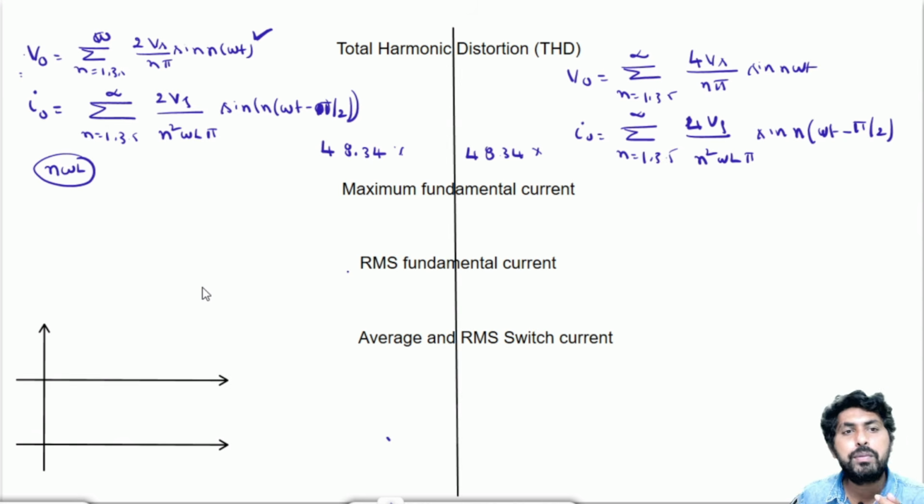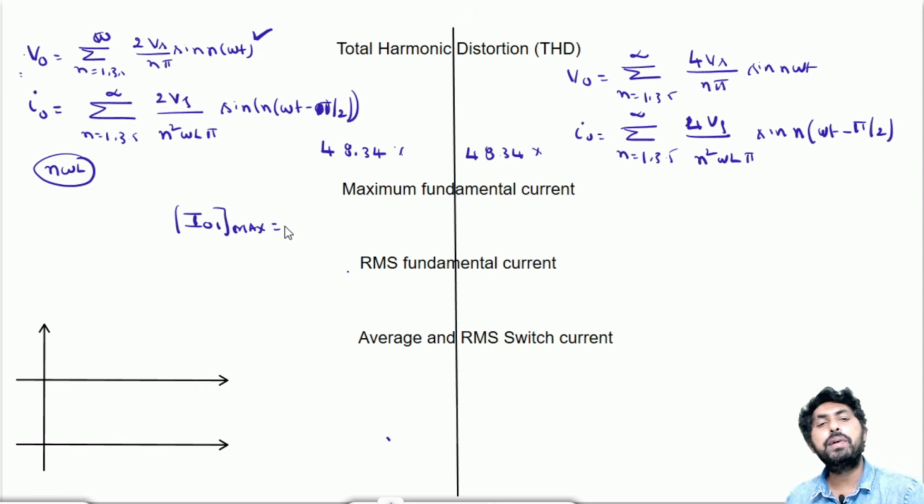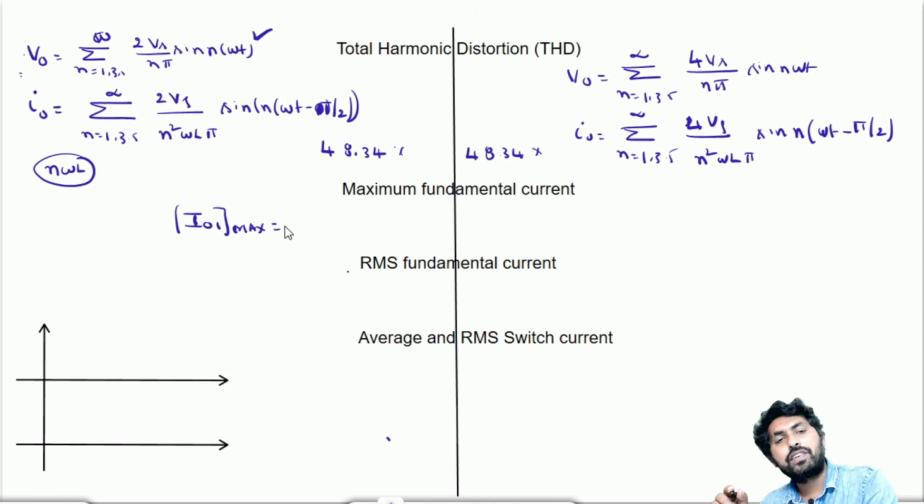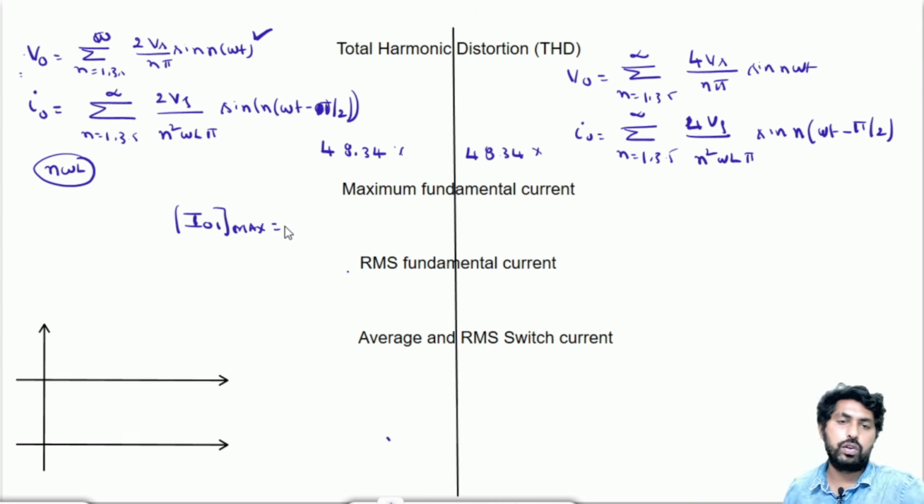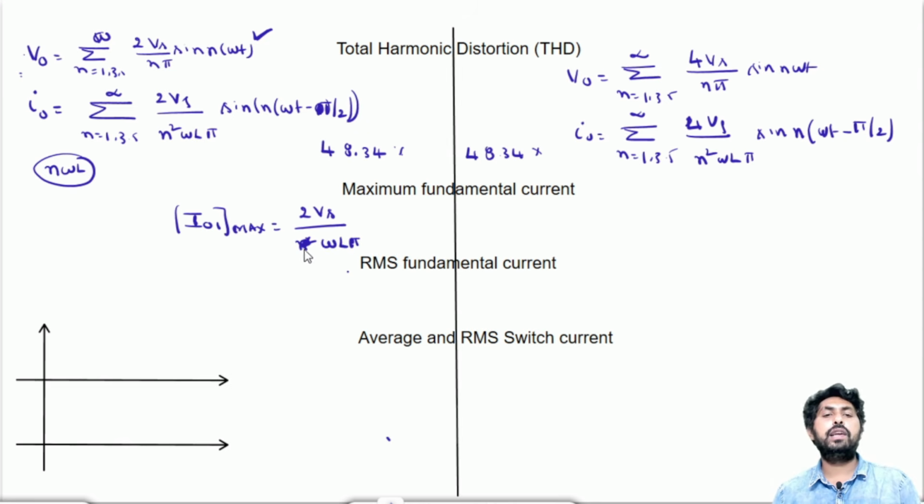Now let us find the maximum fundamental current. So the maximum fundamental current will be I01 max. The value of I01 max will be 2 Vs by n square omega L into pi, where n square equals 1 because it is the fundamental.